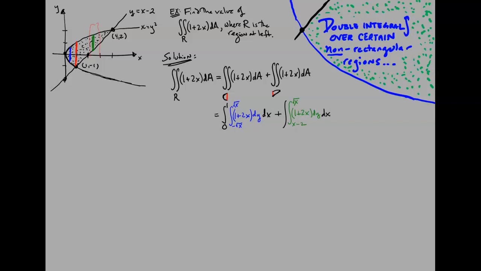We're just thinking of taking our typical green line right here and sweeping it out across this region over which we're integrating. So we're going to start over here where x is 1, and we're going to stop over here where x is 4. So that means the boundaries of integration will be from 1 to 4. Excellent. Now we just have two iterated integrals. So we have reduced our original double integral into something that we can compute.